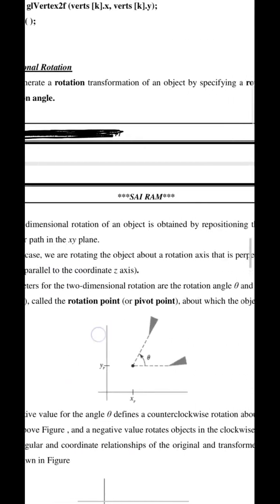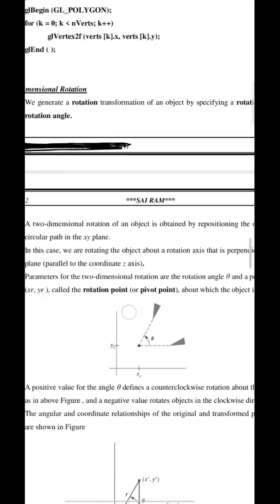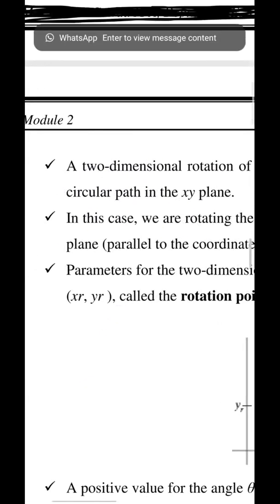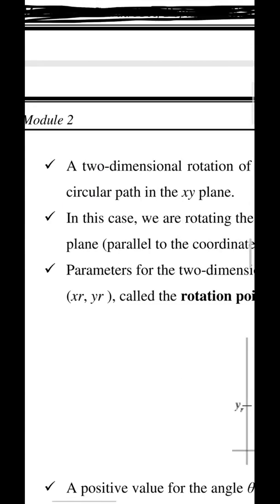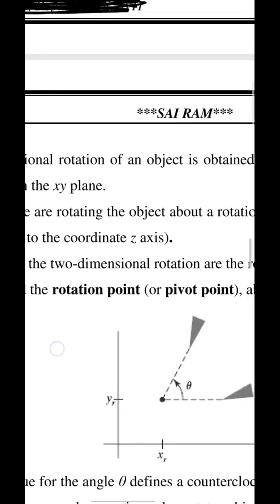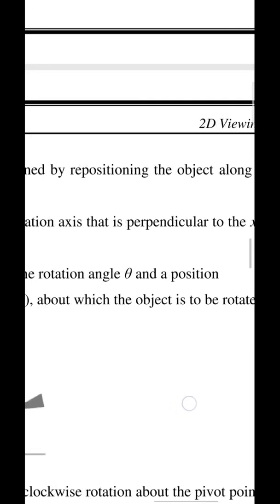Parameters for two-dimensional rotation are the rotation angle theta and a position xr comma yr. Xr is the position with respect to the x coordinate, as well as yr with respect to the y coordinate, which is called the rotation point or pivot point about which the object is to be rotated.